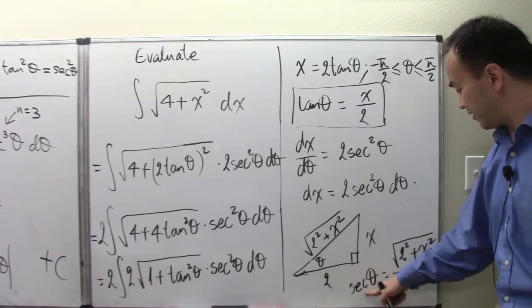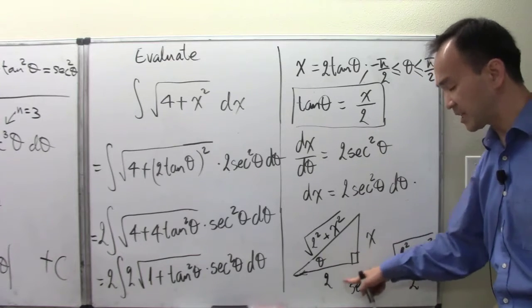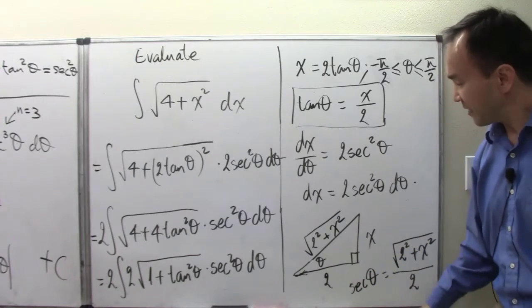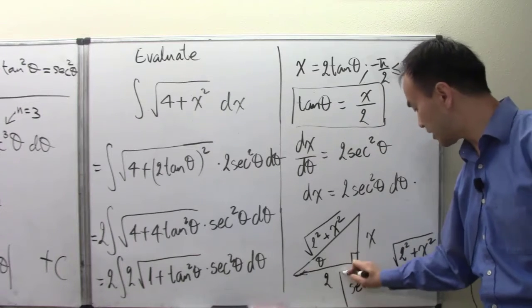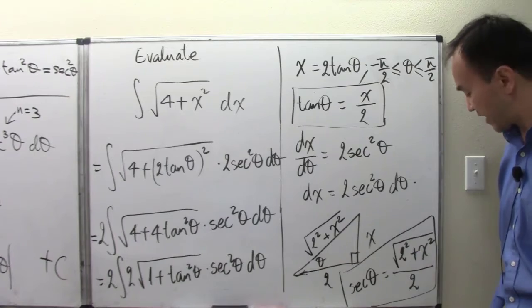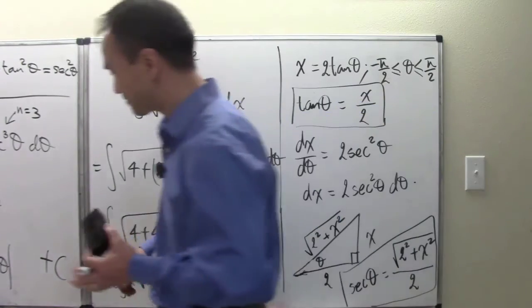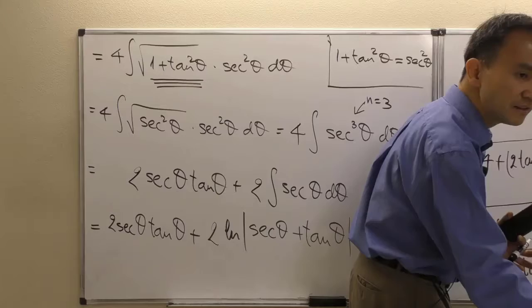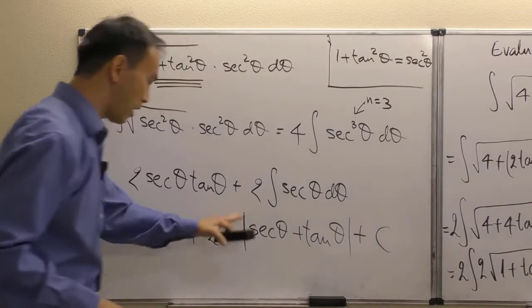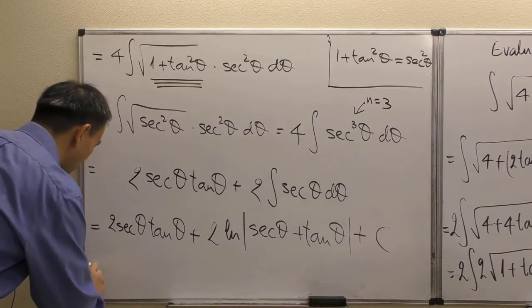So now we have tangent of theta expressed as a function of x, and secant of theta expressed in terms of x. So now we are ready to bring back our expression right here. I modified the space a little bit to leave myself enough room.